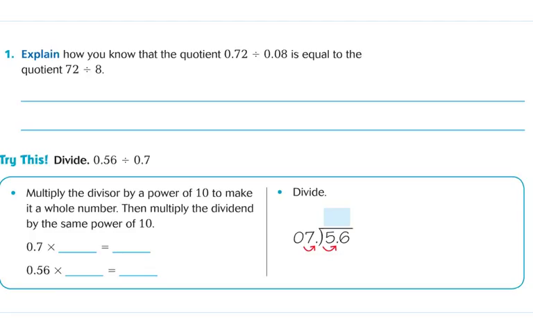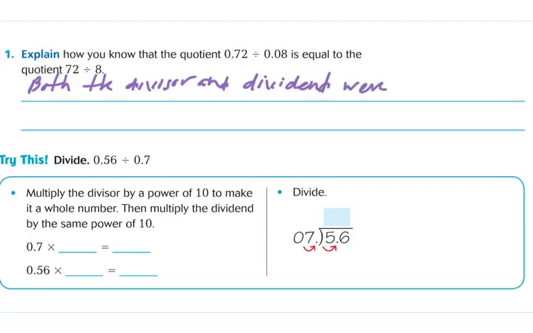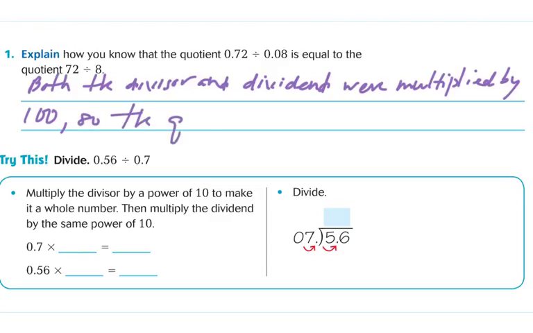So, boys and girls, we know that both the divisor and dividend were multiplied by 100. So the quotients are equal. And that's what we started off working with when we first did the lesson.